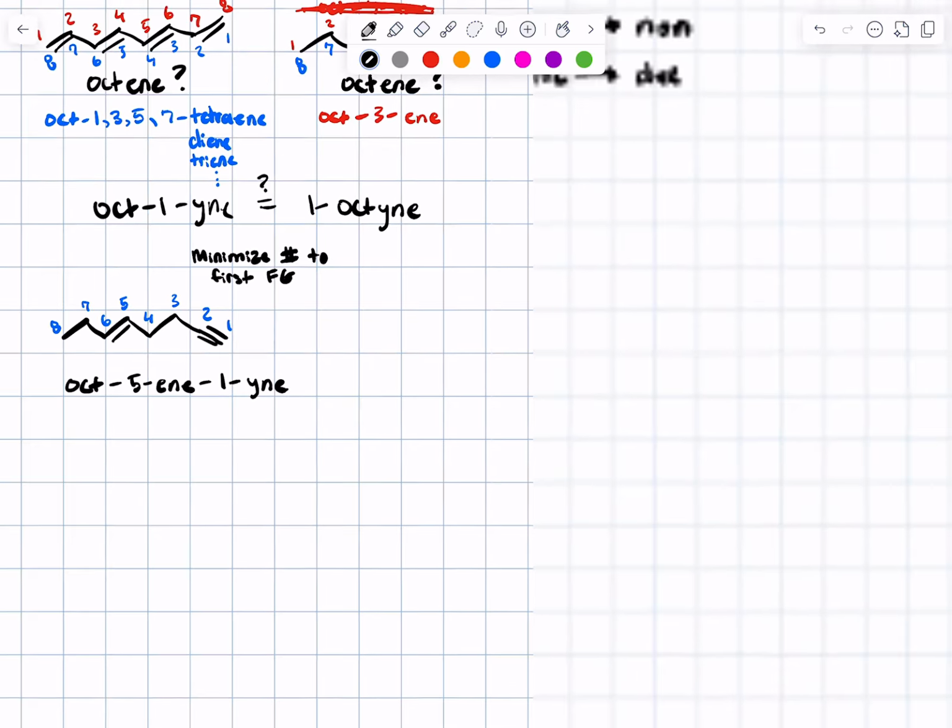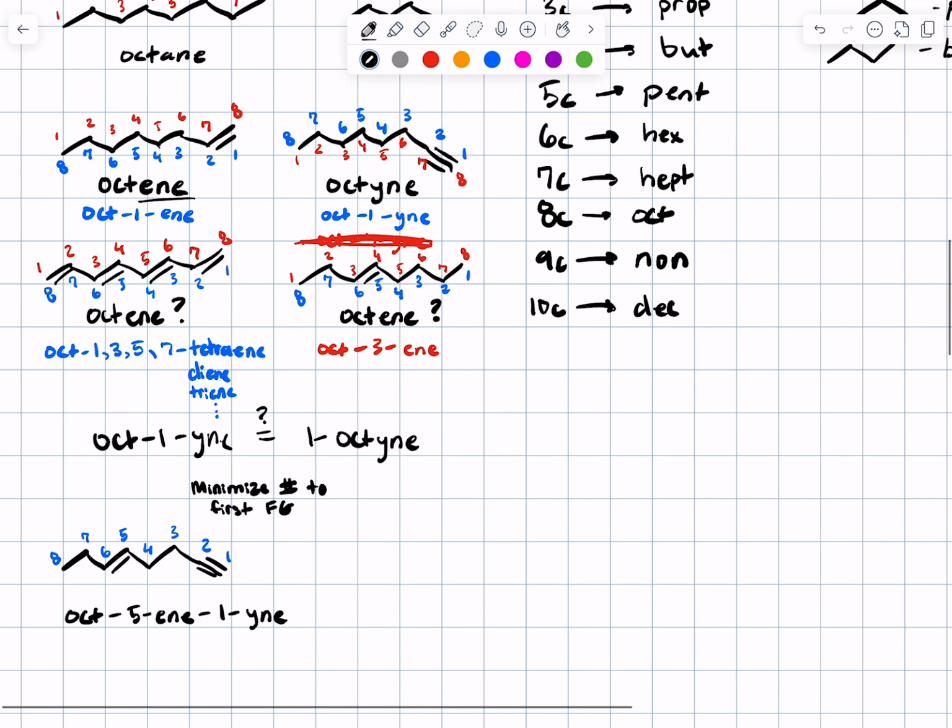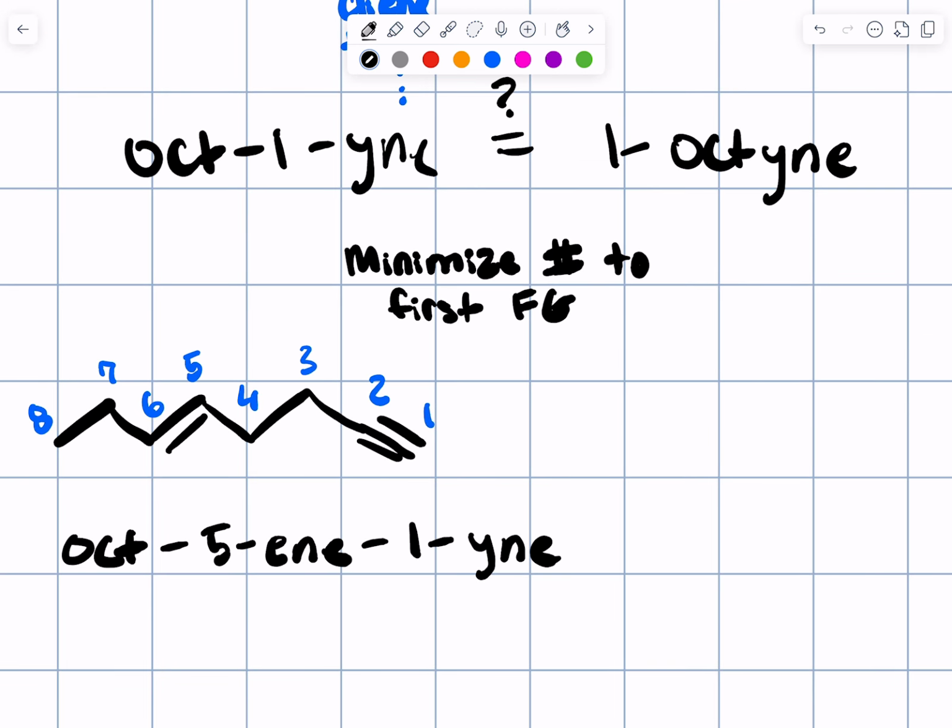Okay. So that's pretty much what there is to know about the root. Yeah? Minimize number of first functional group. When you wrote that, did you mean minimize it to the first double or triple bond, or have we not talked about that? So by functional group, now is a good time to define that formally, in my most informal way.